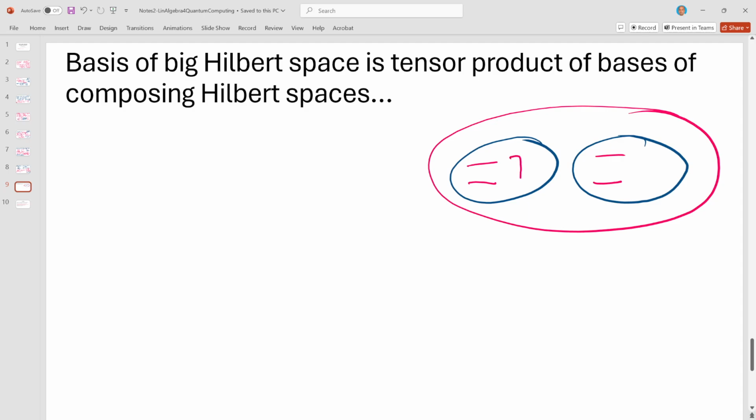This one has a Hilbert space, let me call it H1, and this has a Hilbert space, let me call it H2. And then our joint system, which is composed of these two particles, both two-level systems, lives in a big Hilbert space H.